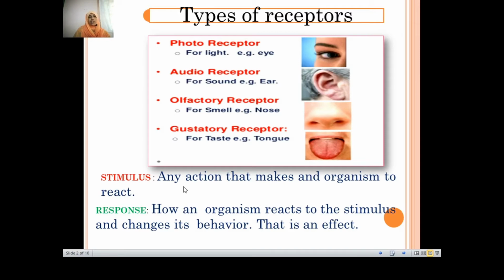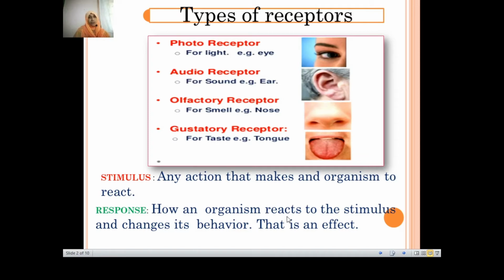You have the five sense organs: the eyes, nose, ears and others, and they have certain sensory nerves. They detect any change that is present. Once they detect it, they convey the information to the brain and other associated parts, which decide and then give the order to respond.